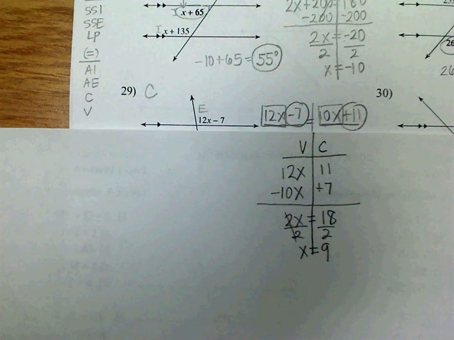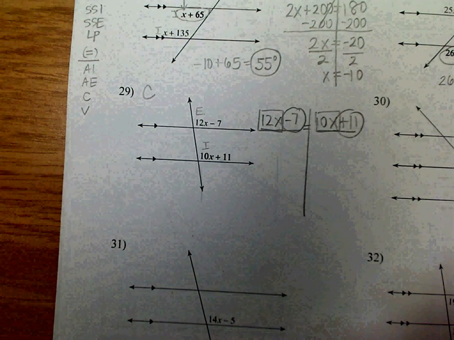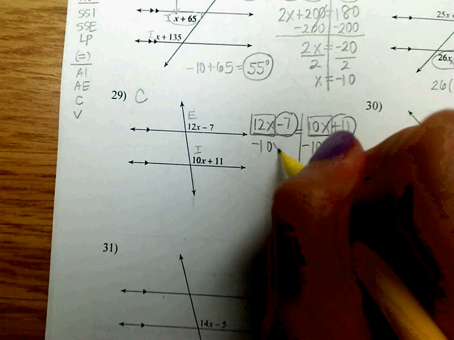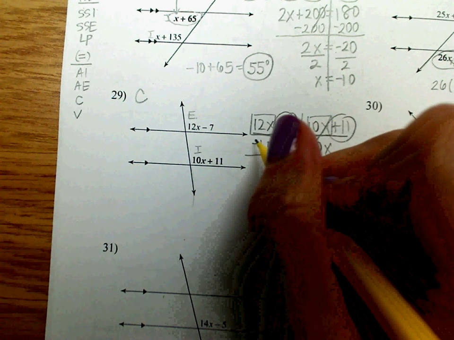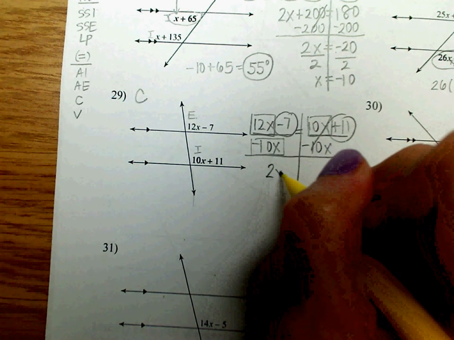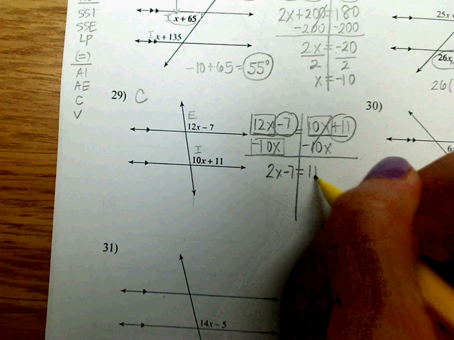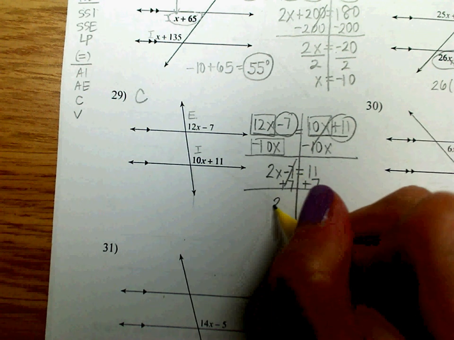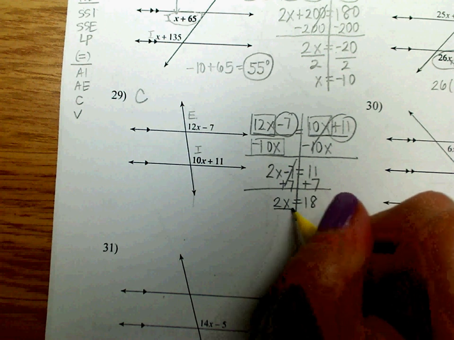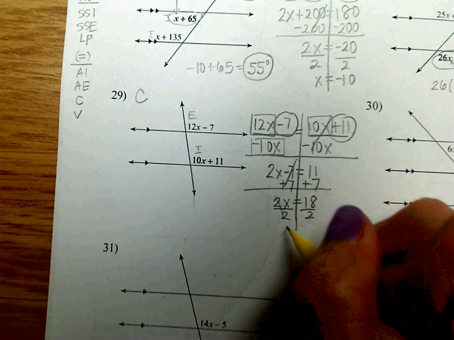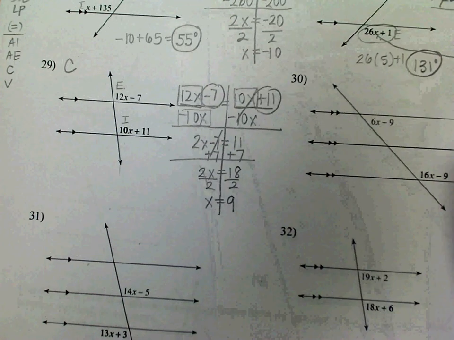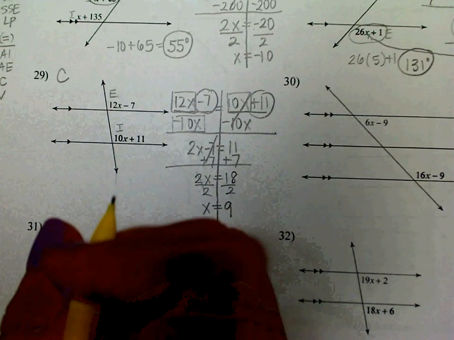Now the other method is subtract the smaller variable from both sides. And then 2x minus 7 equals 11. Add 7, 2x equals 18. Divide, x equals 9. Okay, which is the same thing we got. Then we plug it into the bold, the angle indicated that's bold.